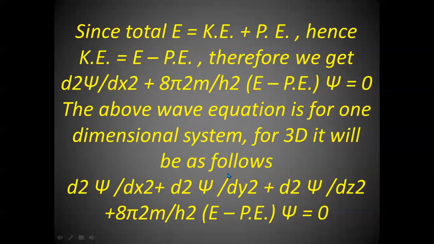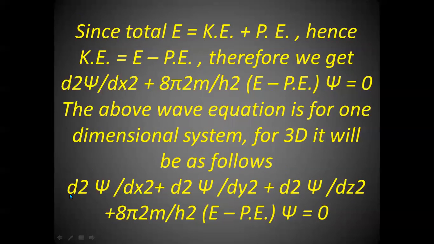Therefore, when we consider all those directions, this will be the final equation: d square by dx square psi plus d square by dy square psi plus d square by dz square psi plus 8 pi square m by h square into E minus PE psi is equal to 0.